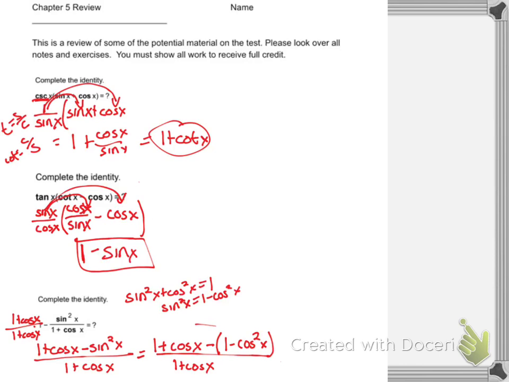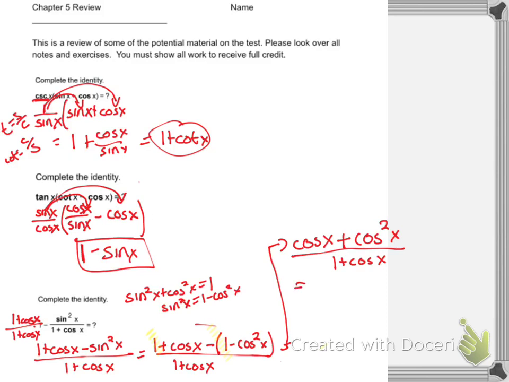Okay, we're getting close. So we have 1 minus 1, so those go away. And then I'm just left with, I'm going to write it up here so that you guys don't run into that little logo. So cosine x minus a negative makes it a plus cosine squared x all over that 1 plus cosine x.